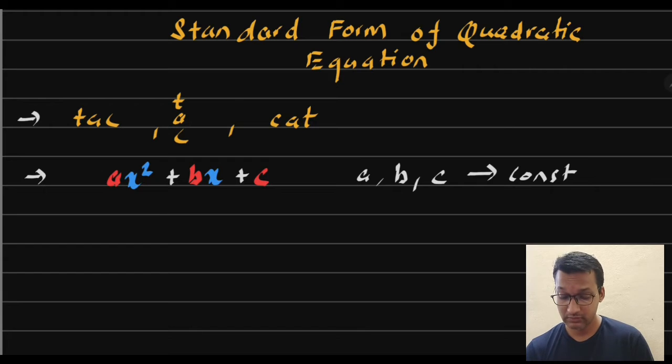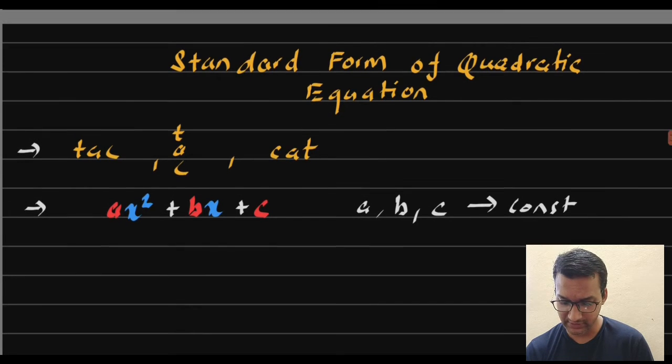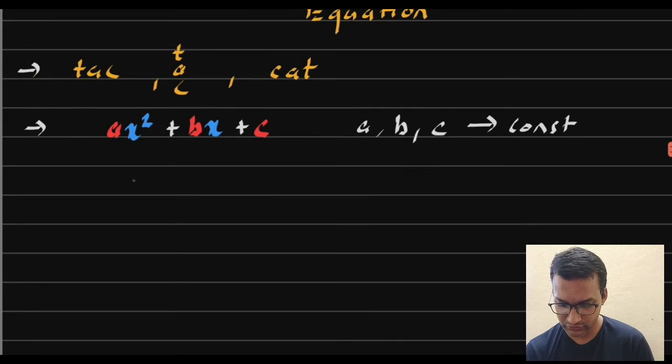Now if you see the equation, there are three terms, but as I have told you, the quadratic equation can contain any number of terms from 1 to 3. So let us see, for example, if we have 2x square. Now how do we write the standard form of this quadratic equation?